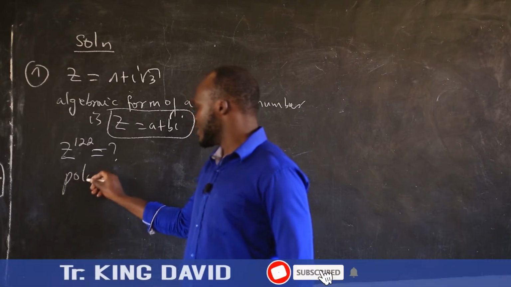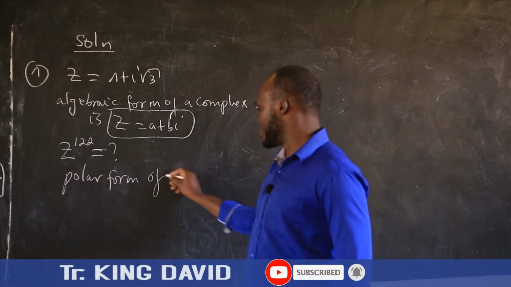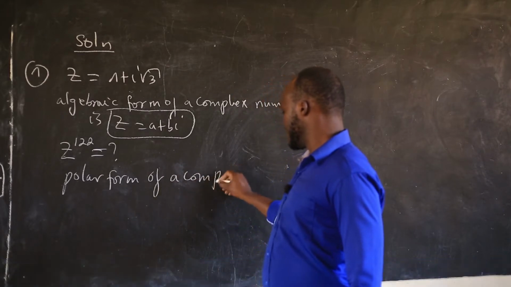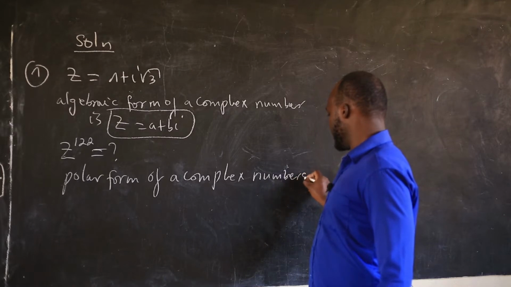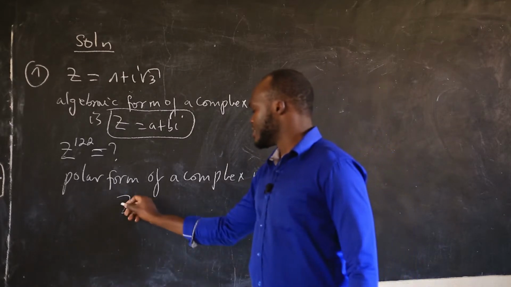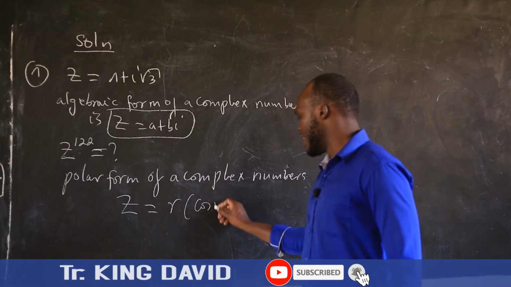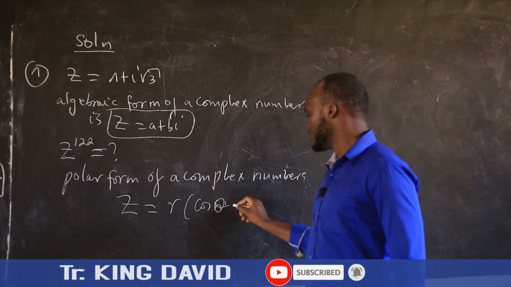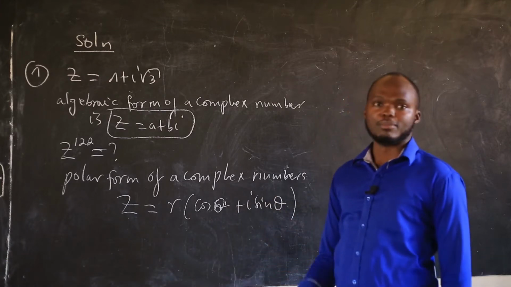The polar form of a complex number, if you remember, is z equal to r into bracket cos angle plus i sine angle. That is the polar form.